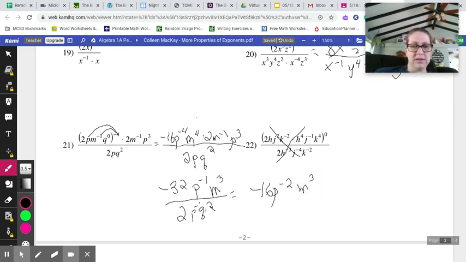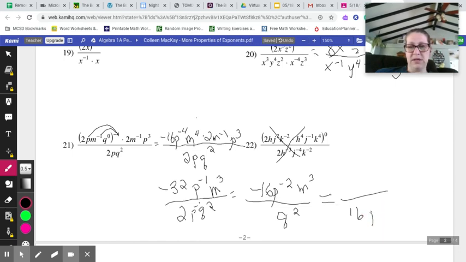And this is actually q to the negative 2, so we know that q to the 2nd stays on the bottom. Okay, now I need to move my negative 16 and my negative 2 to the bottom because they are negative. So 16 p to the 2, q to the 2, and then m to the 3rd stays on the top because that's positive. Okay, and that's number 21.